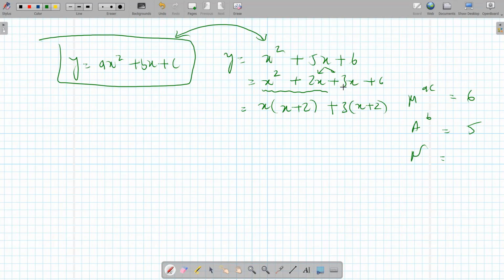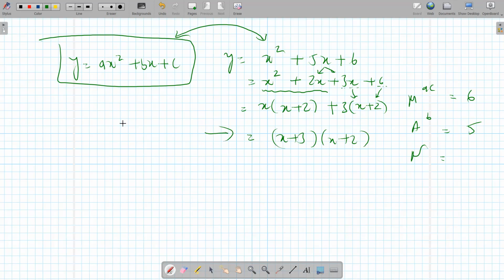You pull out a 3 from 3x, you're left with x. You pull out a 3 from a 6, you're left with 2, right? But what does pull out actually mean? It means divide. Pull out means divide. So if you divide 3x by 3, you're left with x, and if you divide 6 by 3, you're left with a 2, okay? And then finally we can jumble this up: x plus 3, x plus 2.